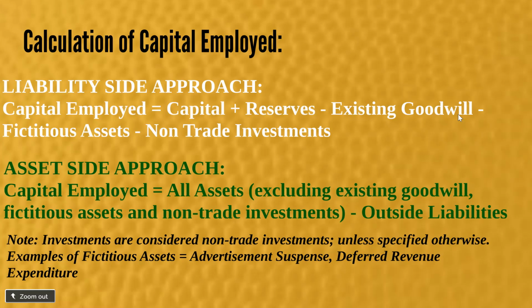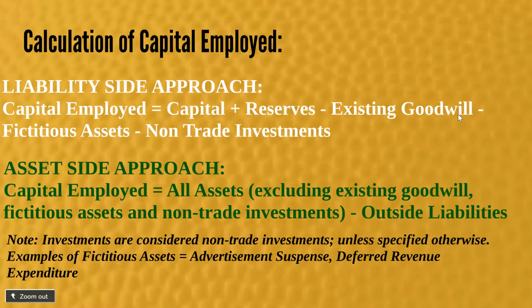Now, to calculate the capital employed by means of the liability side approach, we need to add the capital of the partners plus any reserves minus existing goodwill, that is goodwill already appearing as an asset in the balance sheet, minus fictitious assets, and also deduct the non-trade investments.